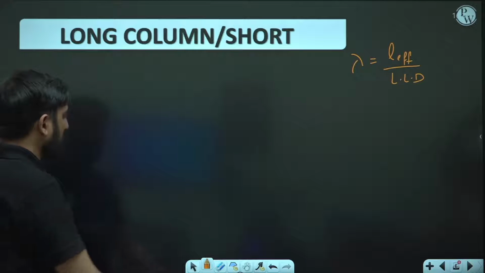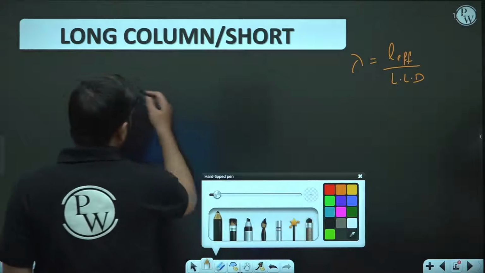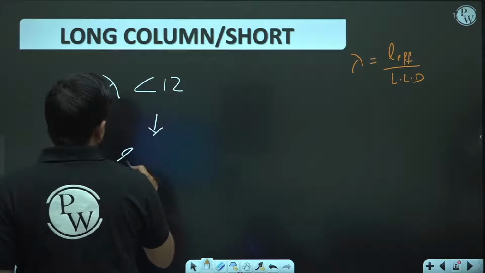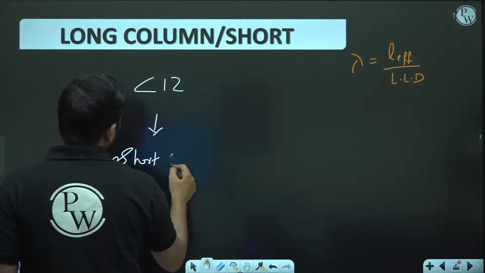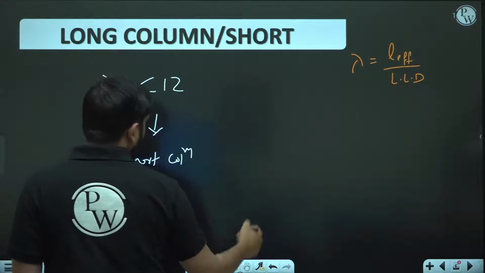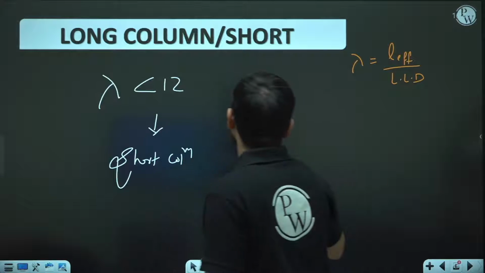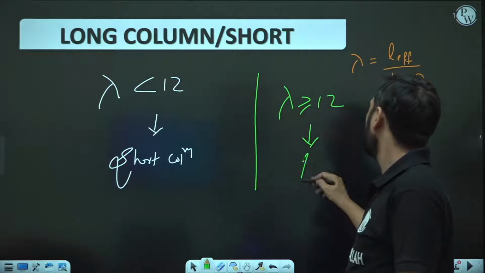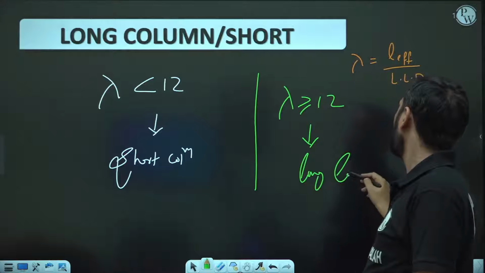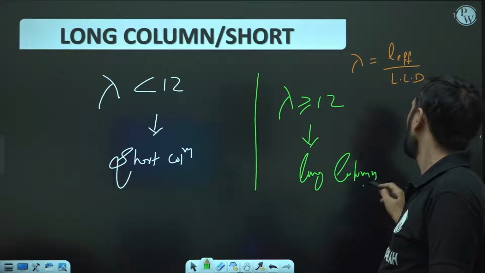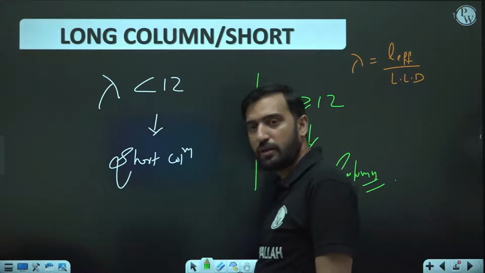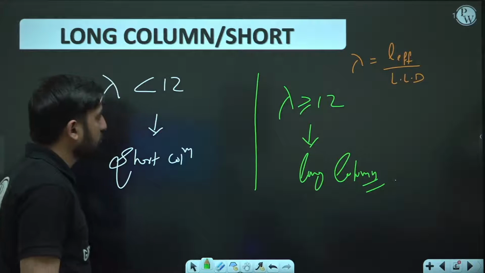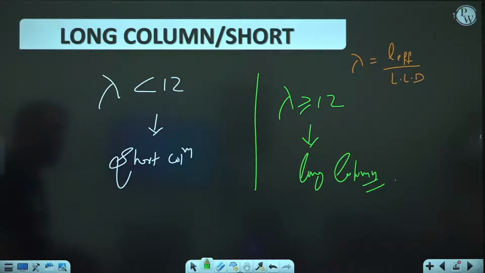If this lambda is less than 12, we call it a short column. If lambda is greater than or equal to 12, it is known as a long column.